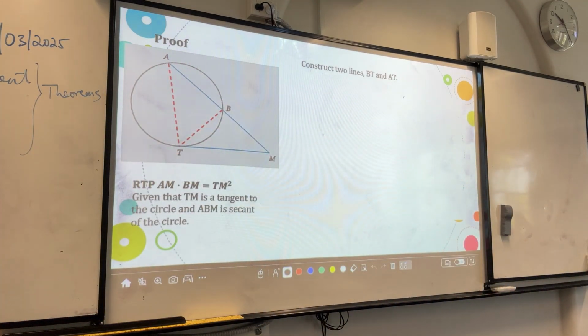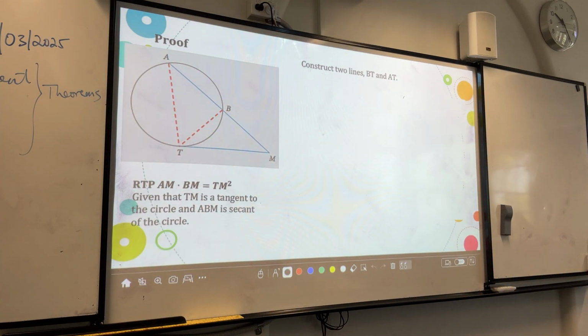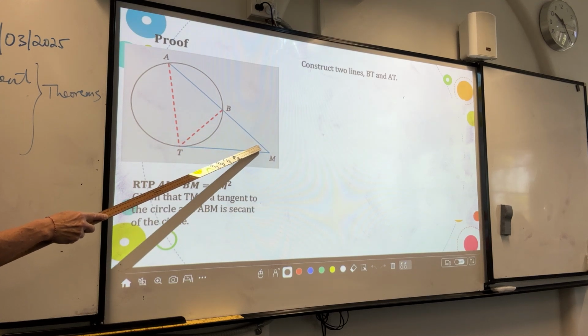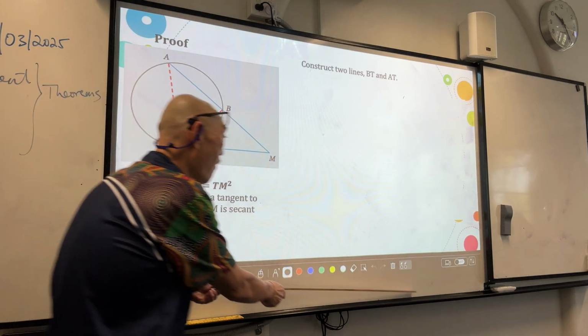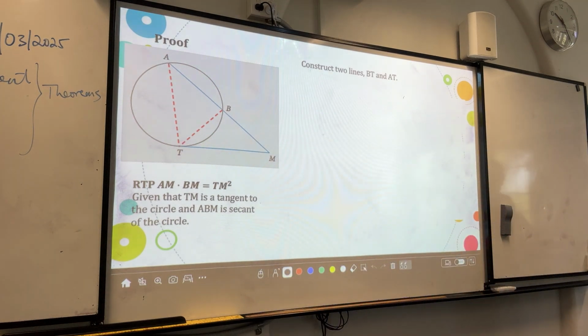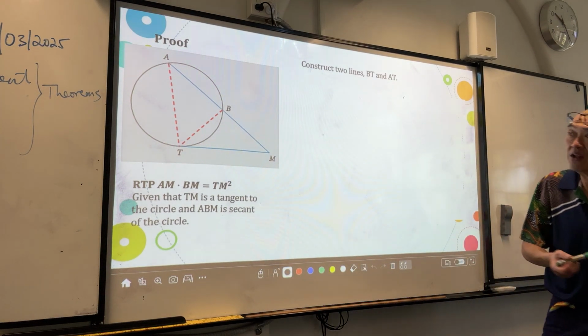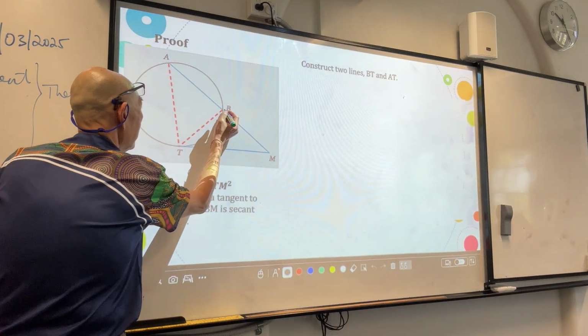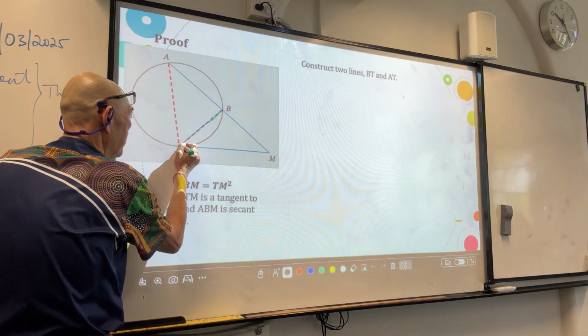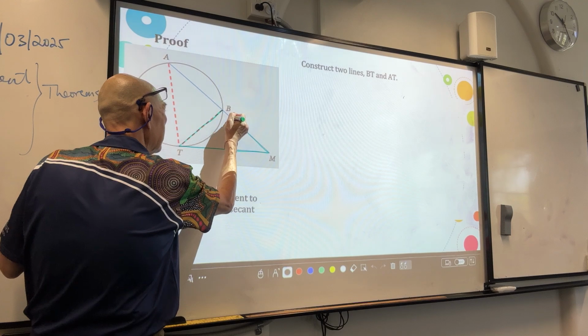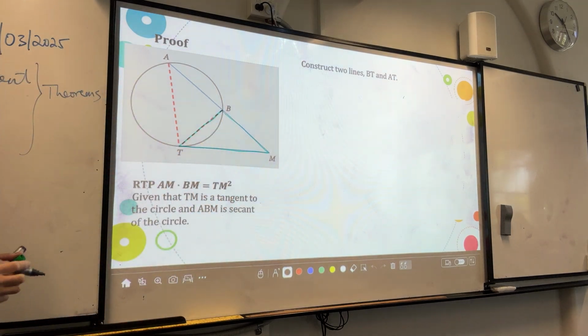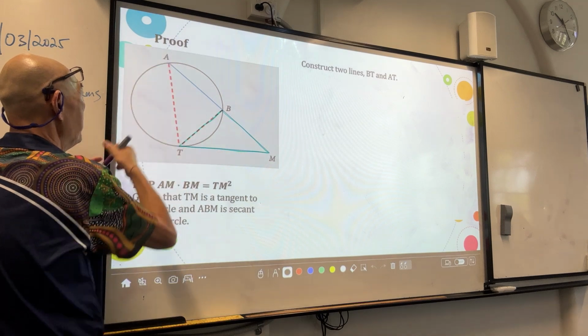If you look at this triangle here, you will know that this would be the common angle. Right? So therefore, you are looking at two similar triangles. I'm going to just highlight this for you first. Because M is a common angle. And the other one is not TAB.